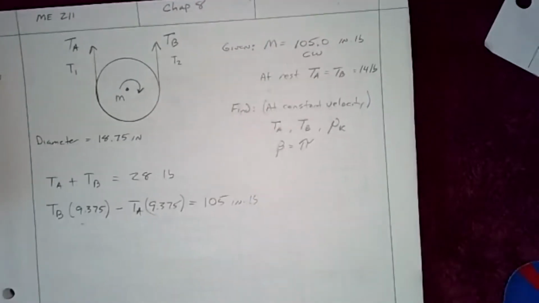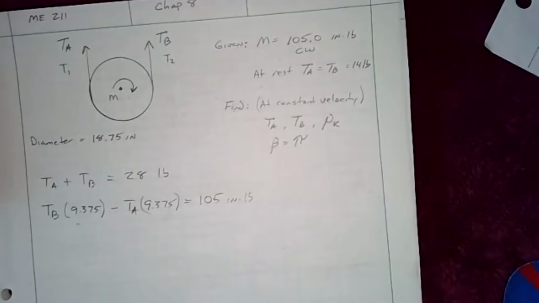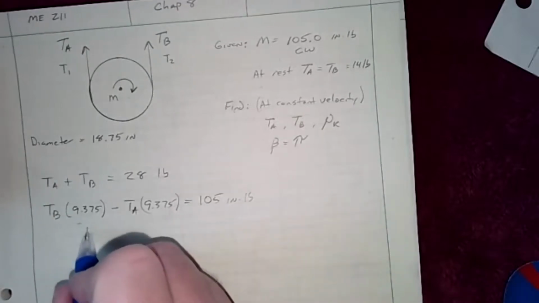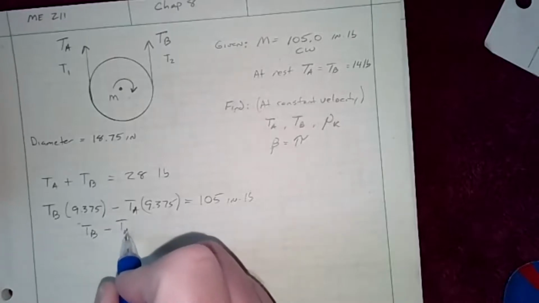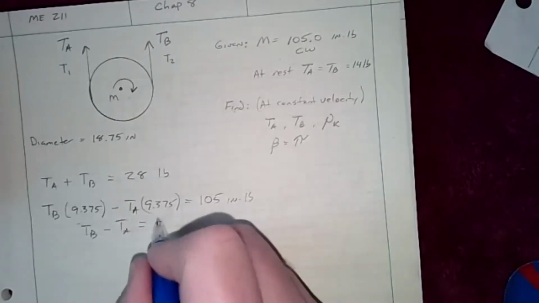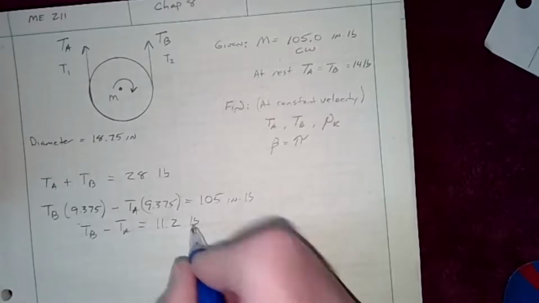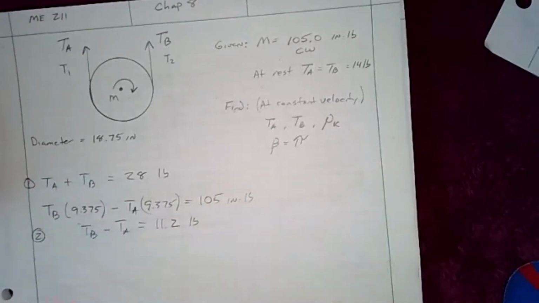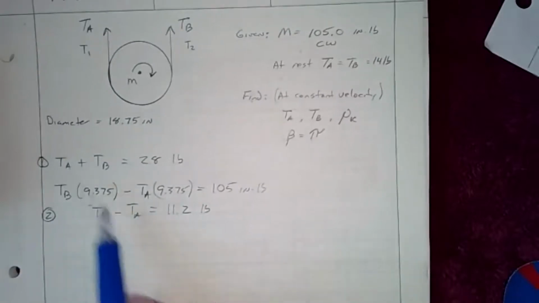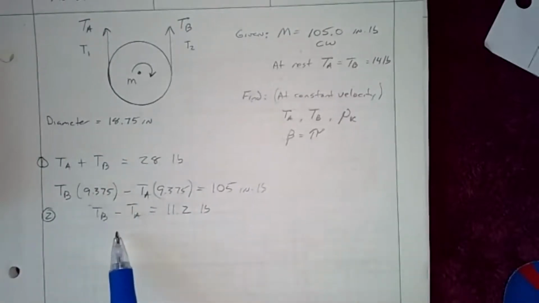If we simplify that, TB minus TA equals 11.2 pounds.